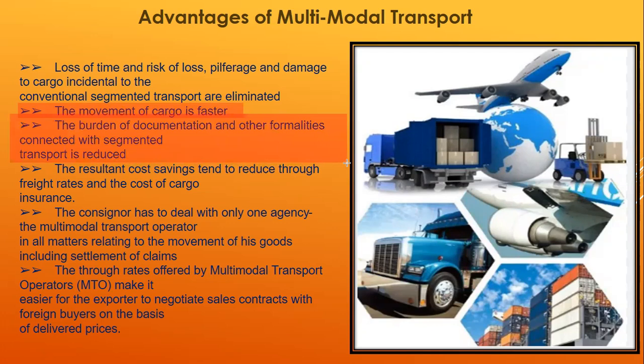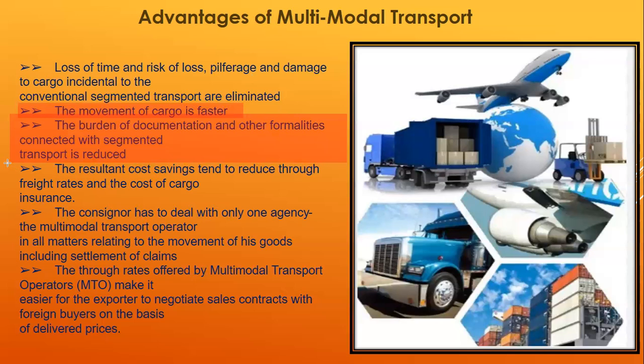By this, multiple transports are interconnected and arranged by the freight forwarder, so there is no need to take out different documents for different types of transport.